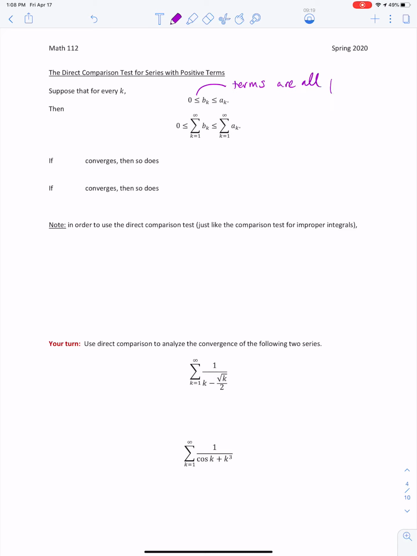And that's very important. Okay, so the idea is that if the sum of the AKs converges, then so does the corresponding sum of the BKs.